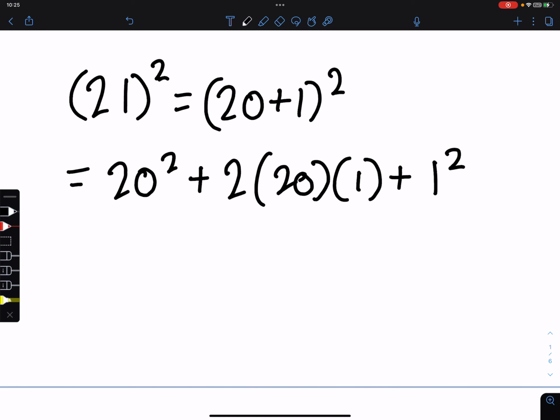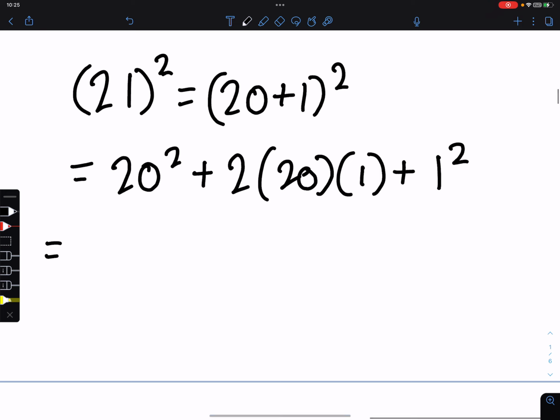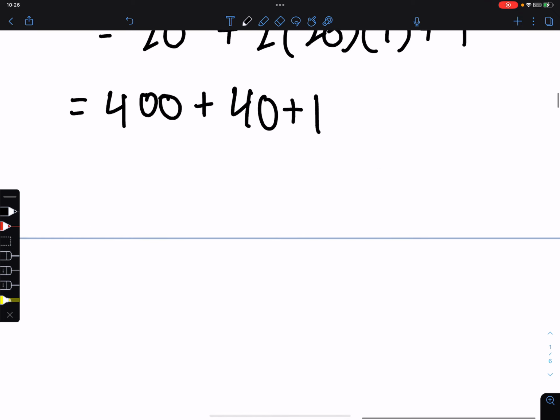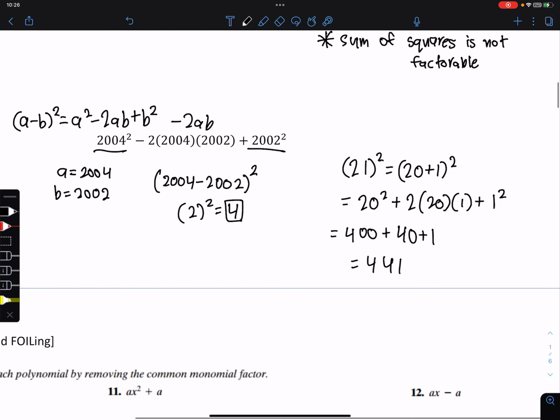Now, of course, you won't be writing this out. You'll just be saying, oh, 20 squared, that is 400, 2 times 20 times 1, that is 40, and 1 squared is 1, and so you get your answer, 441.